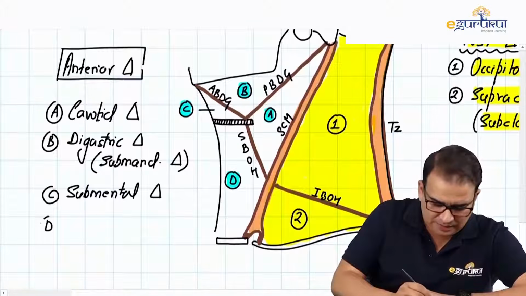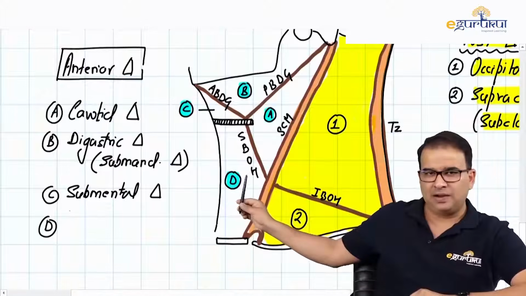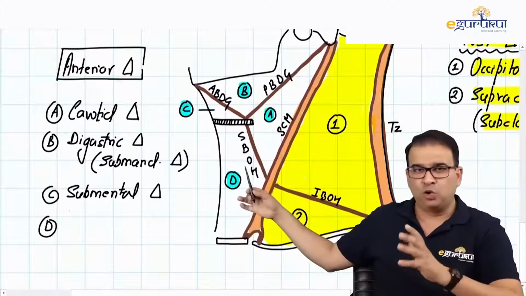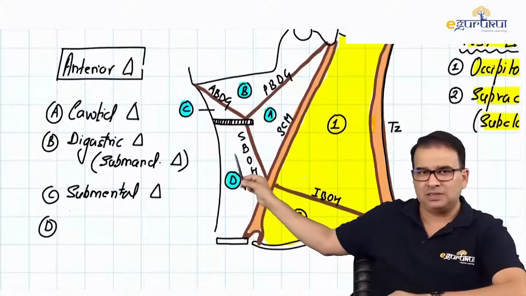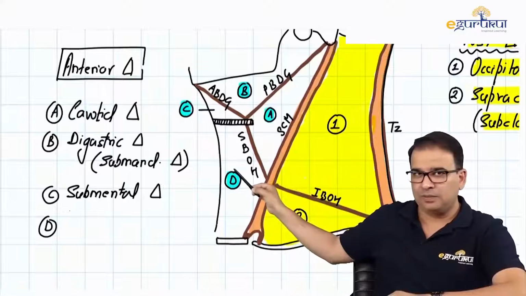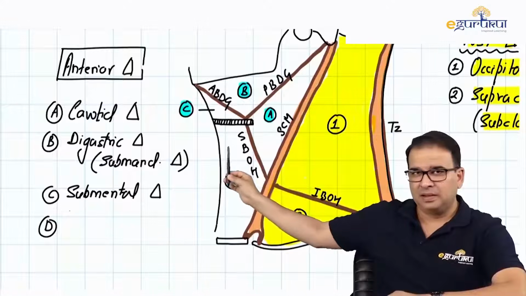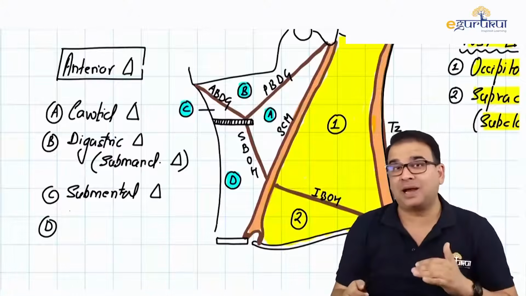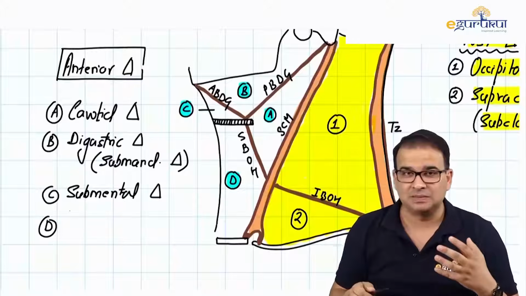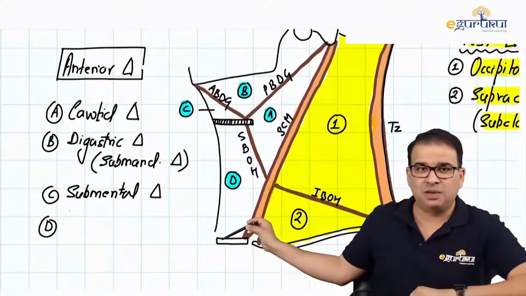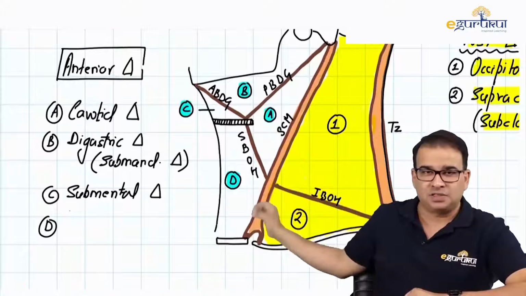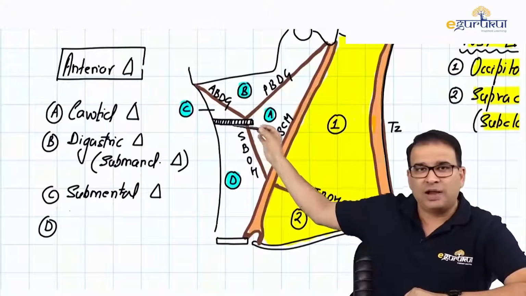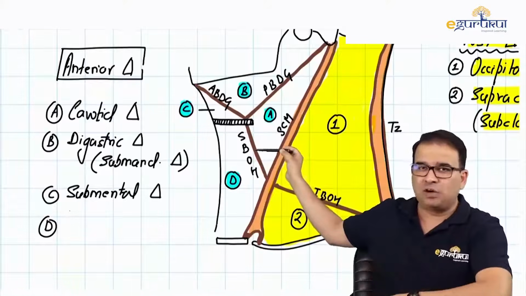And D, now look at this triangle D over there, guys. It may not look like a triangle as such, but it is present below the hyoid bone and it is close to the midline. Now, do you remember something which is present in the midline but below the hyoid bone, and they were strap muscles? So all the strap muscles will be coming from here, like sternohyoid, sternothyroid will be going there, thyrohyoid will be there, omohyoid you can already see forming the boundary.